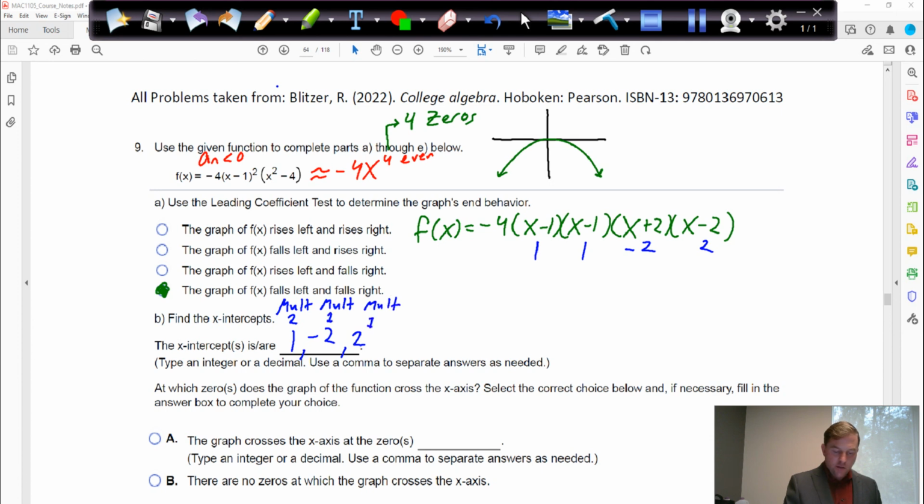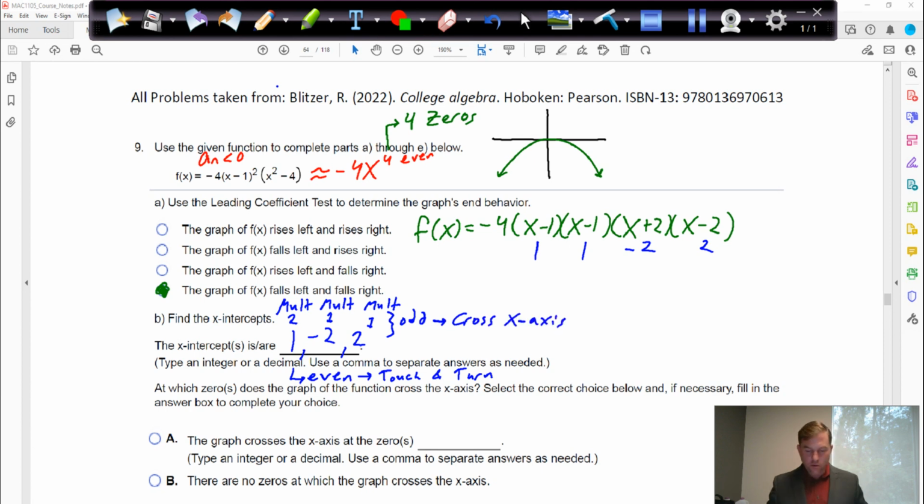I don't necessarily care about the number, I care about even odd. So this one is even multiplicity, so it's going to touch and turn. These both are odd, so at those two zeros, it's going to cross the x-axis.